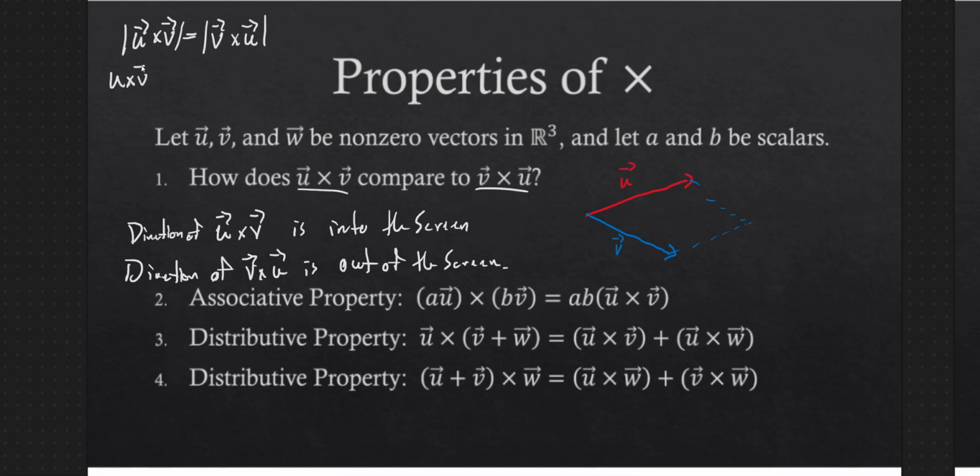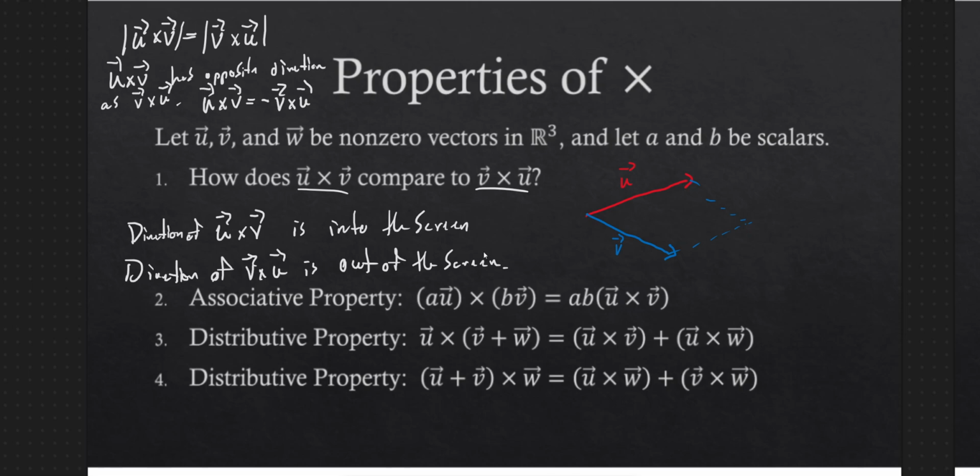So U cross V has opposite direction as V cross U. And so if the magnitudes are the same and they have opposite directions, what that tells us is that U cross V, this vector, is the negative of V cross U. Or rather, negative U cross V is V cross U. They're opposites of each other in the vector sense of being in opposite directions, so parallel to each other, but opposite directions.